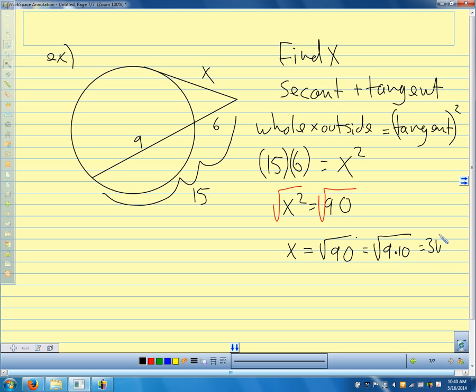And I get 3 square root 10. Or if I plug this into my calculator, x is approximately, if I round to the 10th, 9.5. All right, we good on that example?